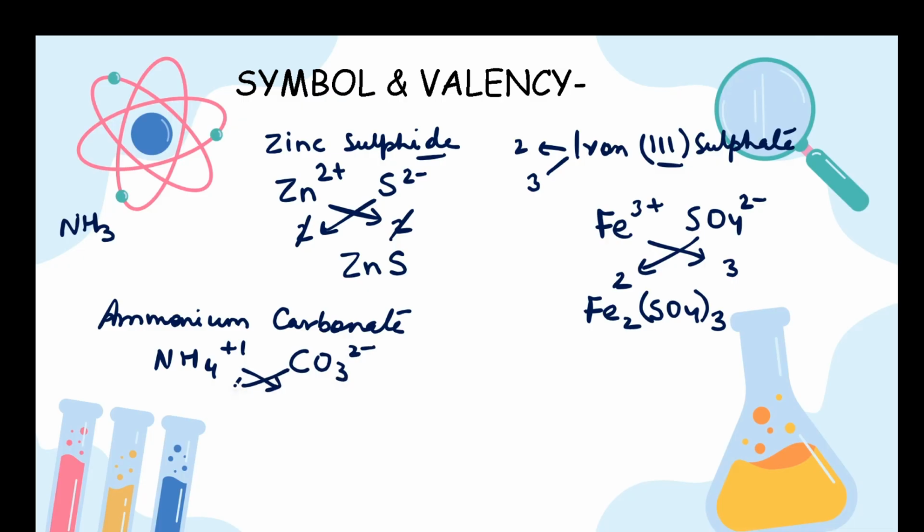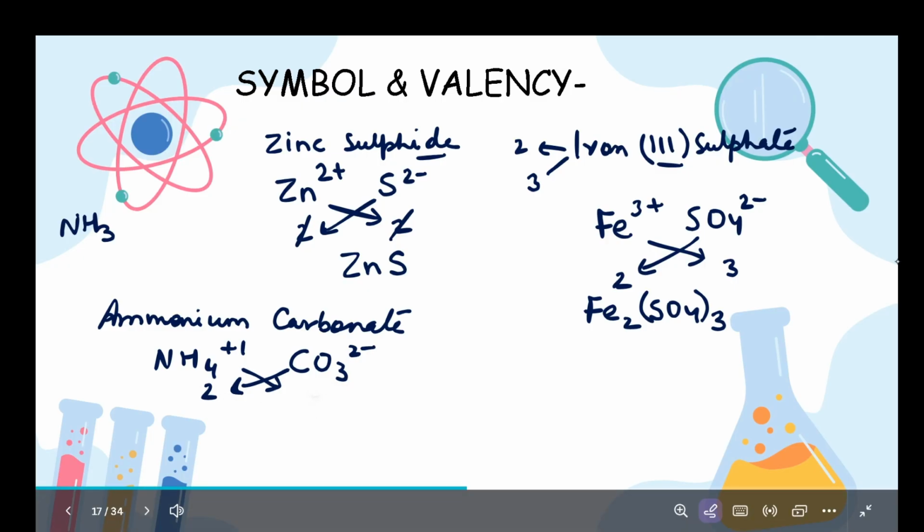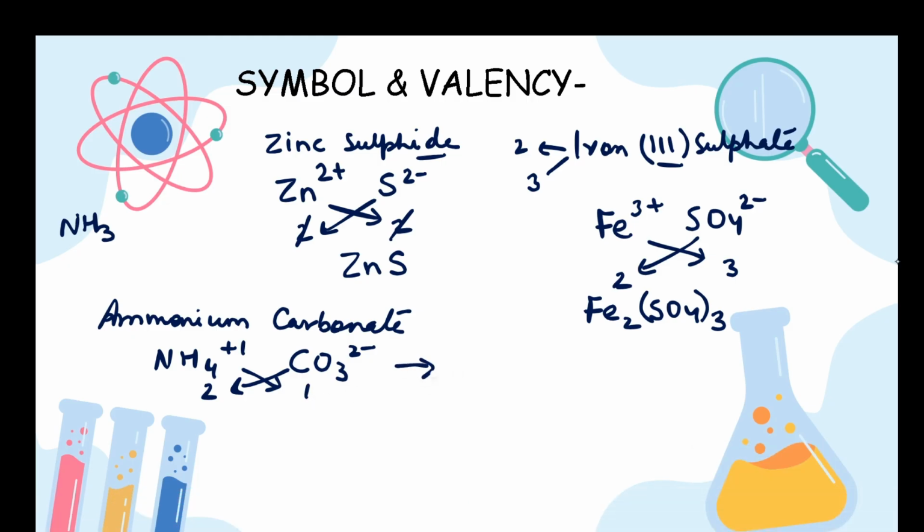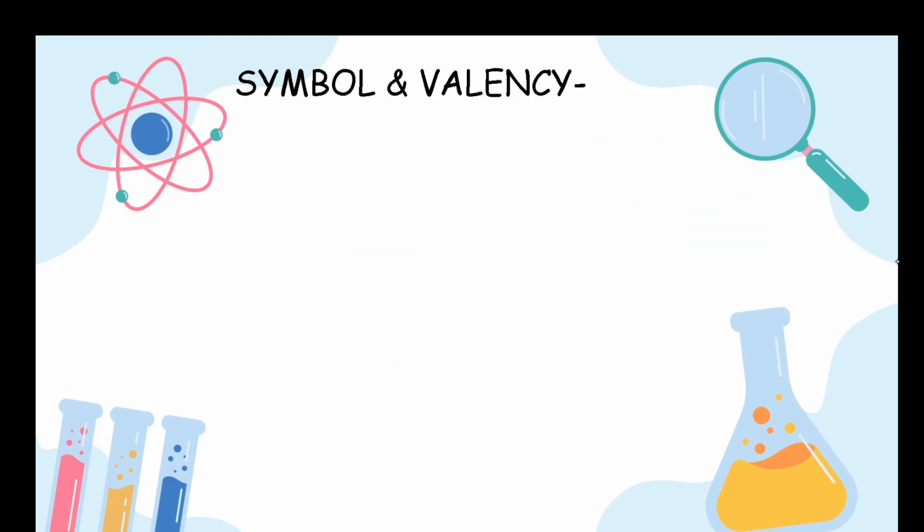Again, interchange the valencies: ammonium becomes 2 and carbonate becomes 1. So, what will be the formula of ammonium carbonate? It will be (NH4)2CO3, with NH4 within the brackets and 2 outside, and carbonate is CO3. So that is the formula of ammonium carbonate.